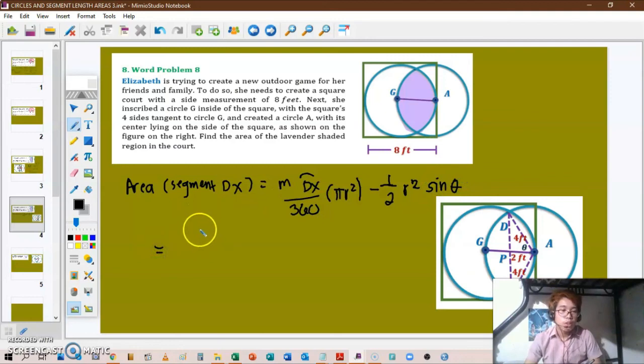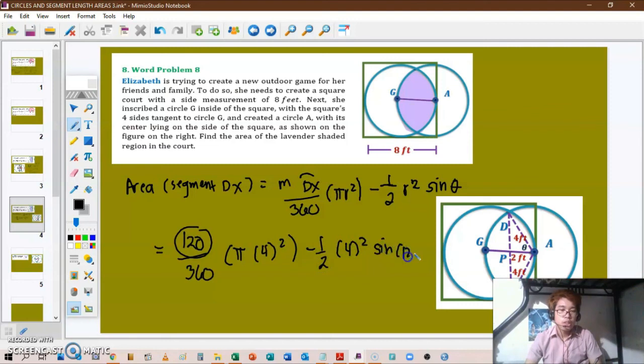So the measurement of arc DX is equal to 120 over 360, the one that we solved a while ago, multiplied by pi, and r squared is simply 4 squared, minus 1/2 times 4 squared times sine of 120.